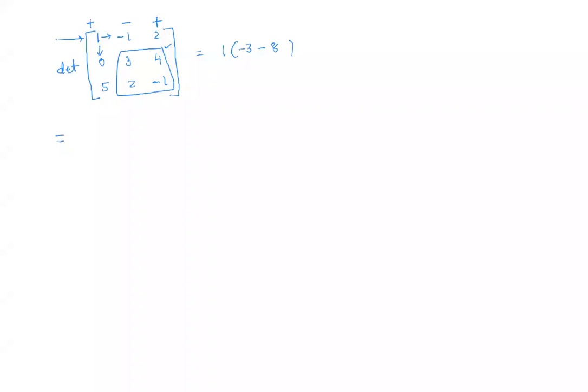Is this clear to everybody? Yes, sir. Okay. Now I'm going to go to the next number in the row, which is -1.